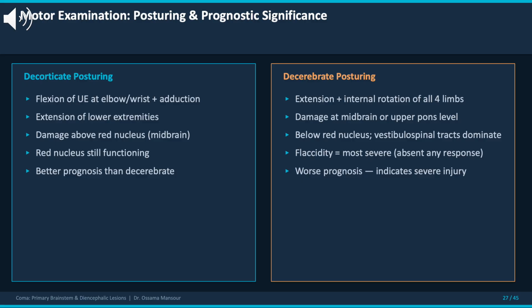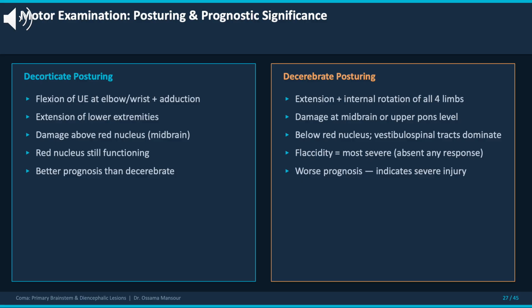This pattern suggests damage to the corticospinal tracts above the level of the red nucleus in the midbrain, with the red nucleus still functioning and producing the characteristic flexion pattern. Decerebrate posturing, also called abnormal extension, consists of extension and internal rotation of all four extremities, often with wrist flexion.